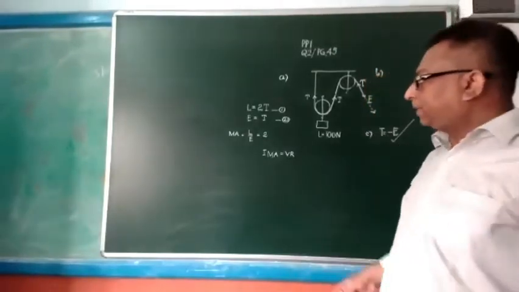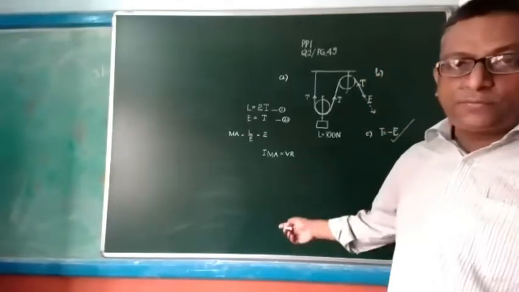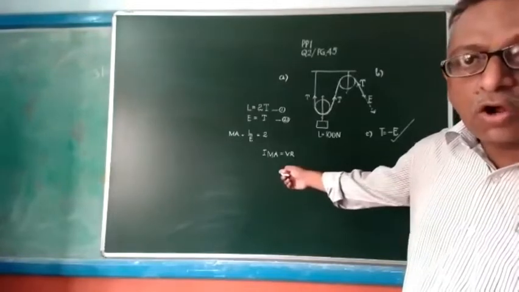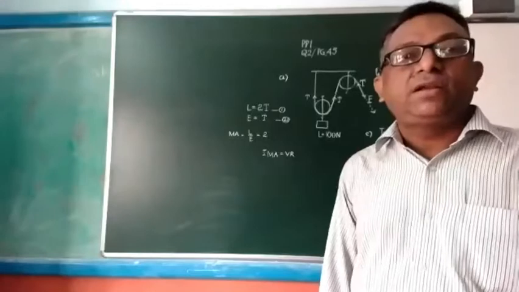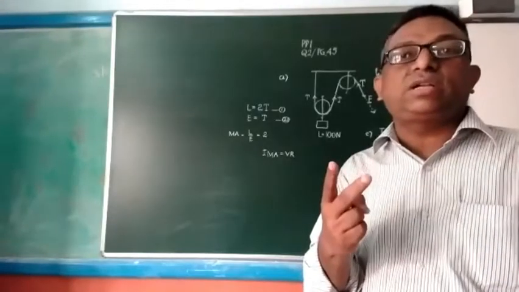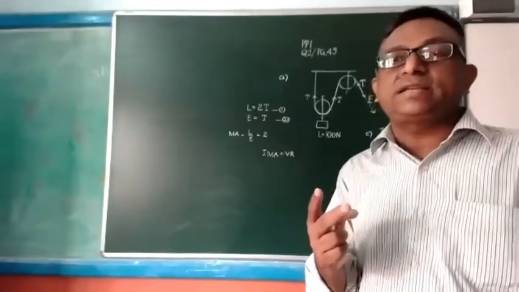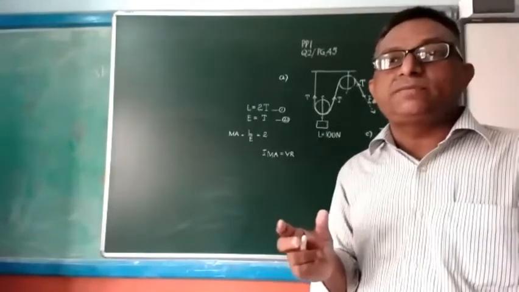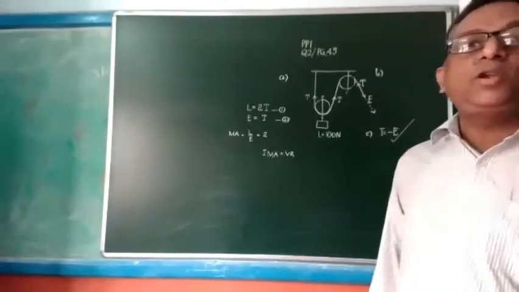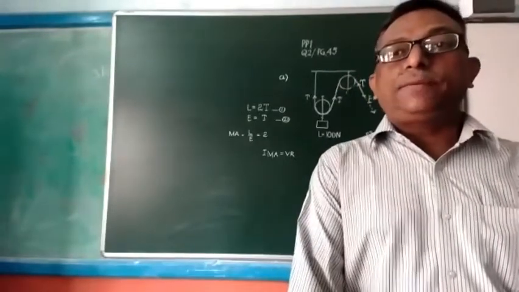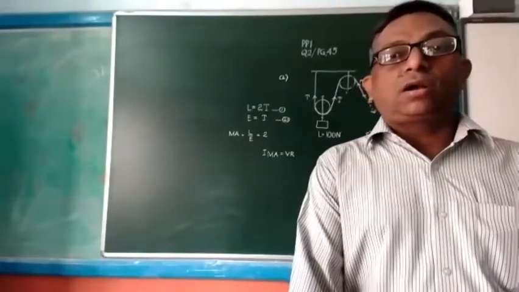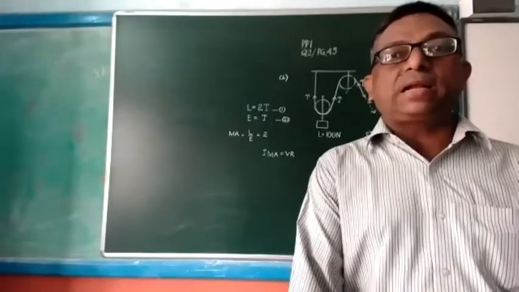Clear? Whether it is a practical machine or actual machine, practical machine or ideal machine, velocity ratio does not change unless its dimension changes. Clear? Every time you have seen that velocity ratio is 2 whether it is an ideal or actual machine, means practical machine.